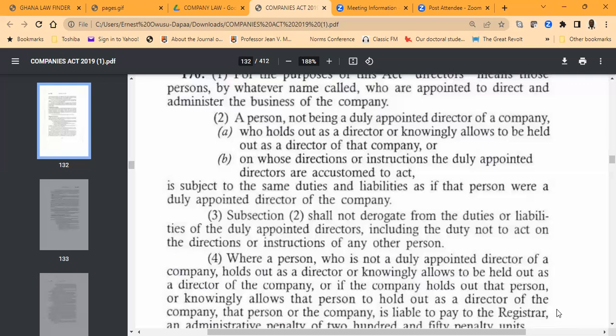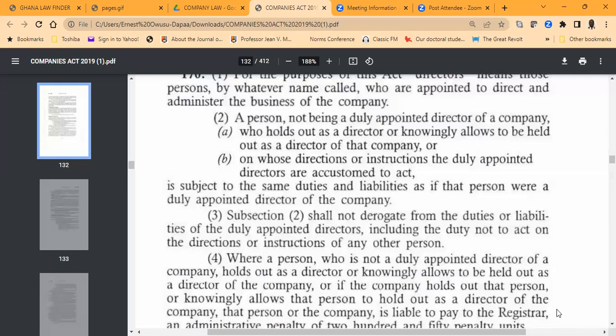And you have not been so appointed, and yet you are the one who calls the shots, who gives directions, who gives instructions for this duly appointed director to exercise his or her directorship. And that is why in English company law, they call it shadow, right? Shadow in the sense that you are, if you like, behind the scenes. And the duly appointed director is actually directing and administering the company according to your instructions.